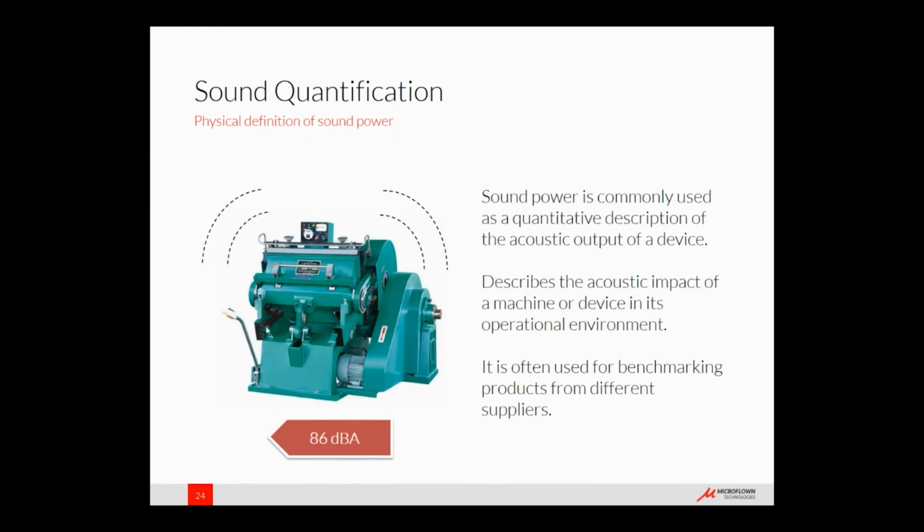And sound power is a very effective tool for all kinds of applications, like benchmarking products to get analytic data. It's commonly used as a quantitative description of the acoustic output of a device, of a product, and what acoustic impact it has on its environment.